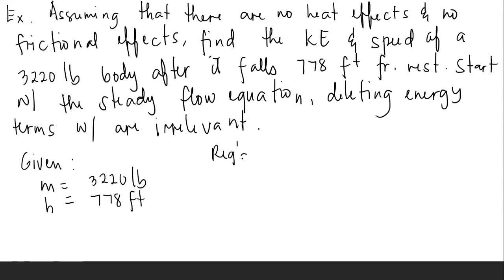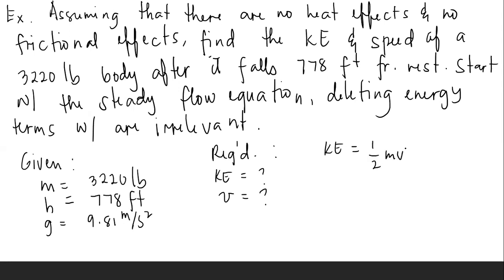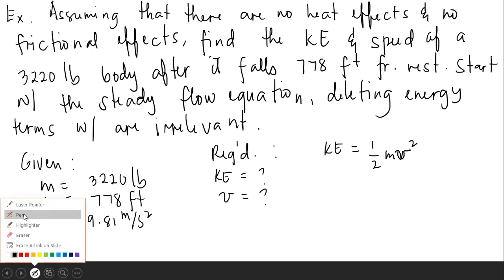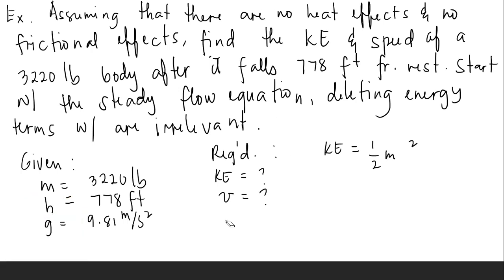Required is the kinetic energy and the speed. We can use the formula for the kinetic energy, which is equal to 1/2 mv squared. We have two unknowns, which are the kinetic energy and the velocity.